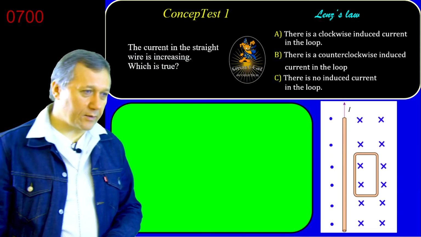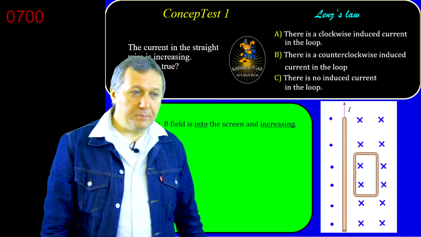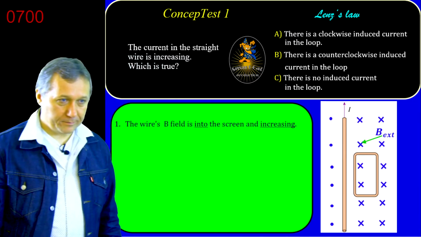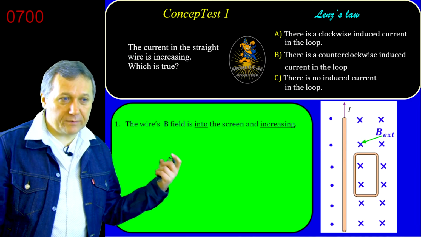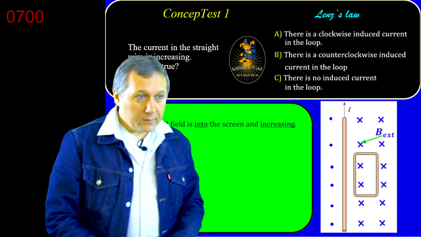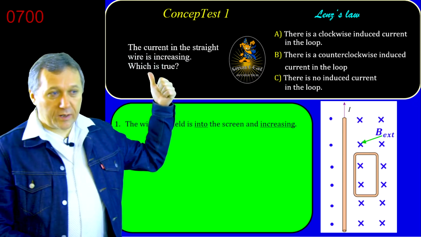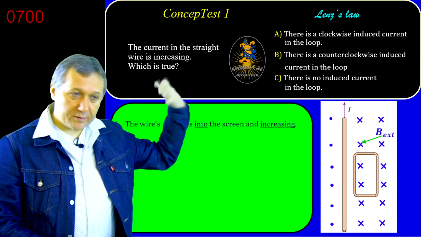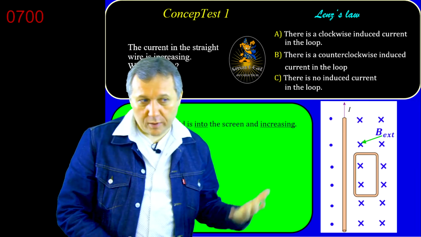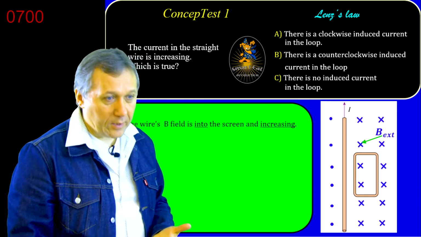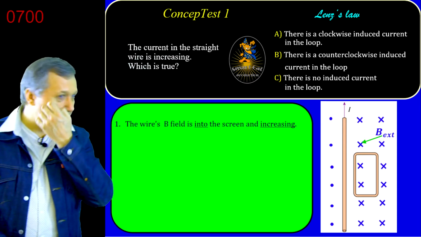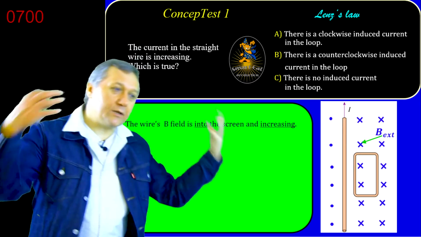Yeah, so that's the correct direction. So that's our B external. And of course, what happens to this B field? It's increasing because the current is increasing, right? Current is getting stronger. Of course, the magnetic field around the wire is getting stronger, right? So now we know information about the external magnetic field, which creates all this mess.